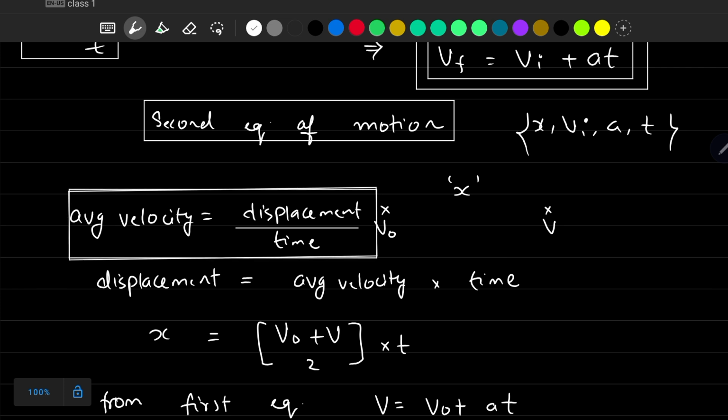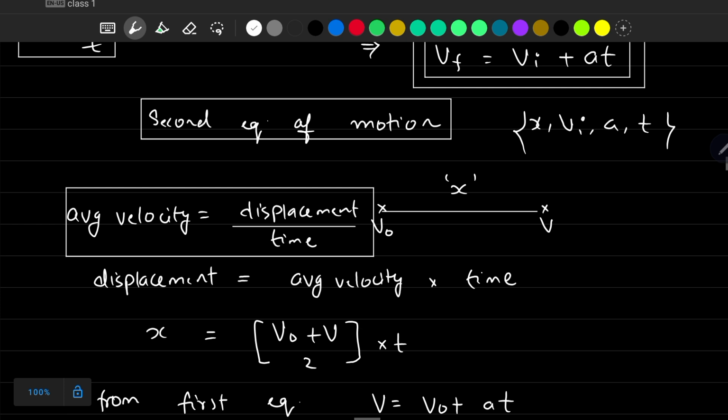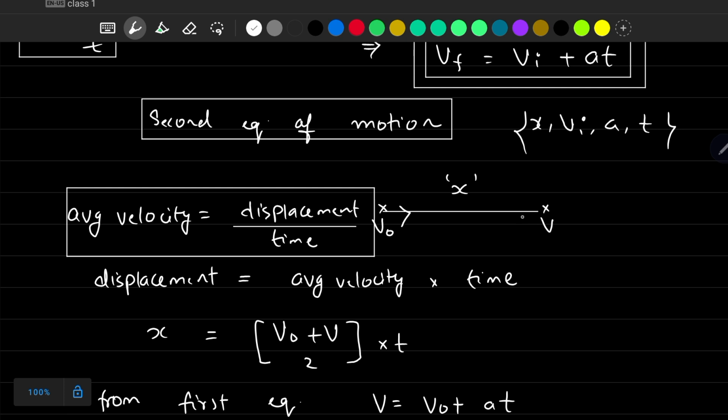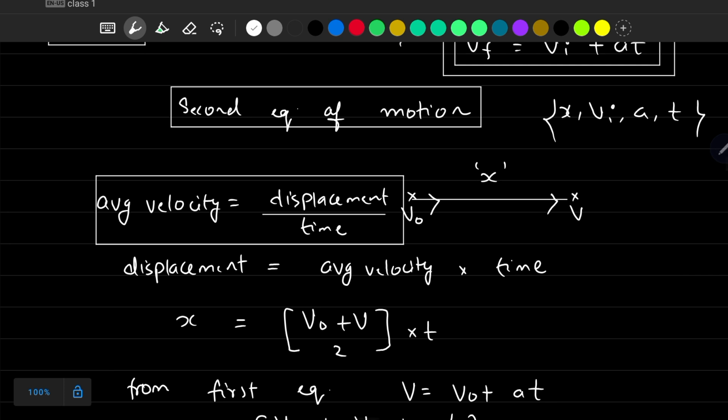So let's imagine that you are moving on a straight line. Your initial velocity is v naught and your final velocity is v, and you cover this displacement x in time t.